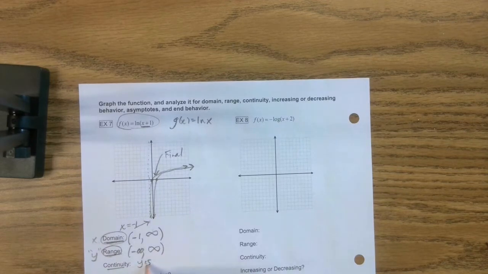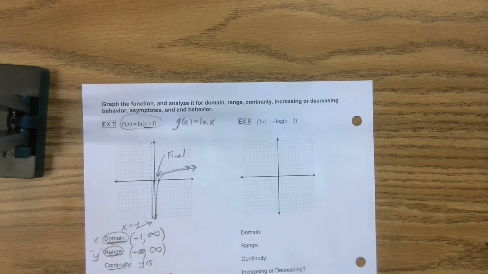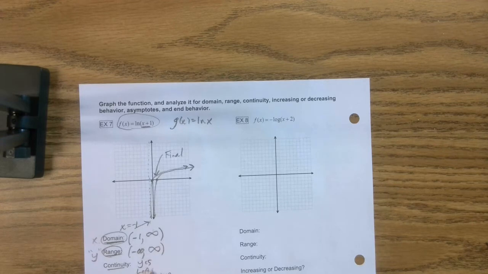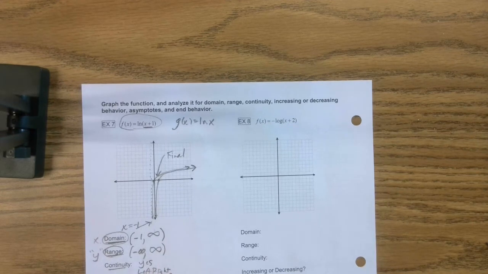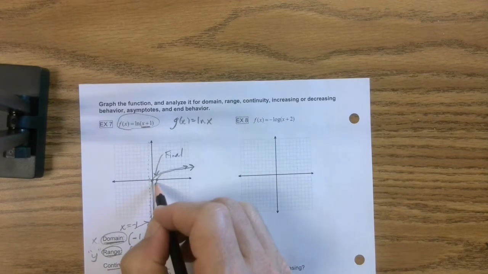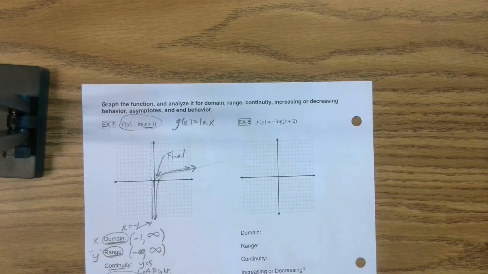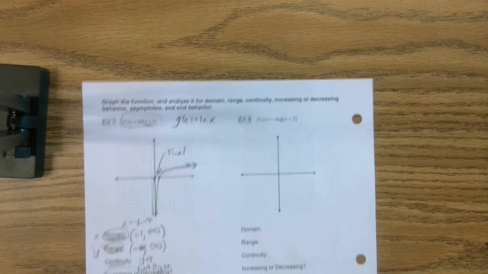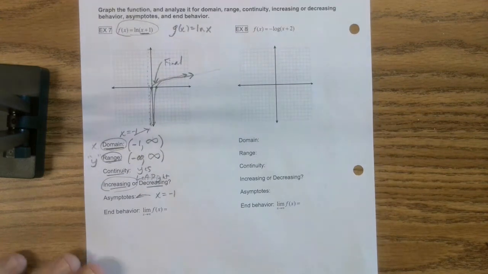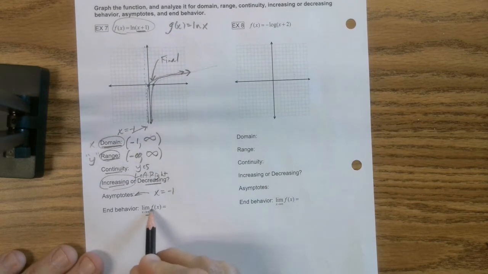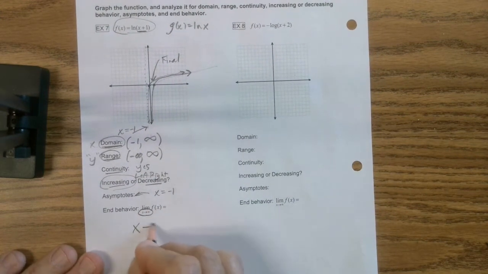Continuity, yes. Increasing or decreasing, remember you have to go left to right to make this decision. Think of it as a roller coaster. So if we stayed on this forever, it'd be going up. So it'd be increasing. Asymptote, we already talked about it. Yes. X equals negative 1. Sorry. And now end behavior, I'm going to blow it up a little bit, and you have to understand what that means.